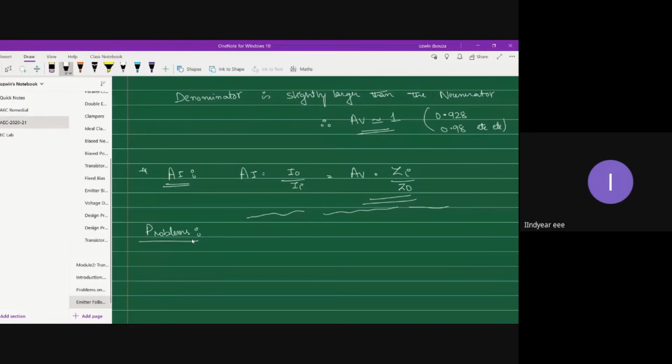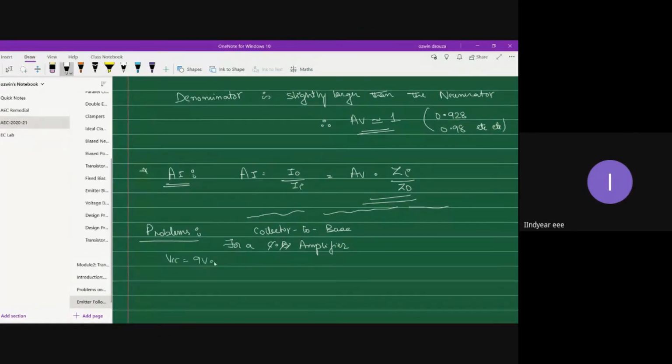Okay, wait, I did not solve any problems from this one, collector to base bias, right? Fine. So write down, for a collector to base bias amplifier, it is not common base, so let me write: collector to base amplifier.